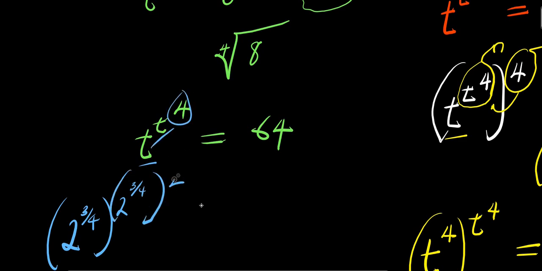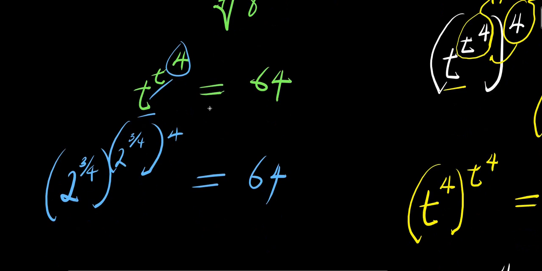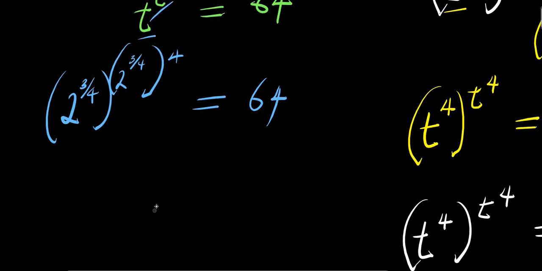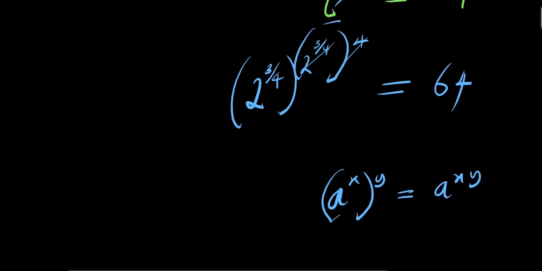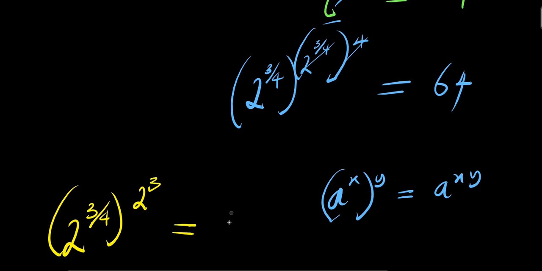Then we have 4 equals 64. So if you have a power x power y equals a power x times y, so 4 cancel 4, if you multiply out, that means we have 2 power 3 over 4 raised to the power of 2 power 3 equals 64.